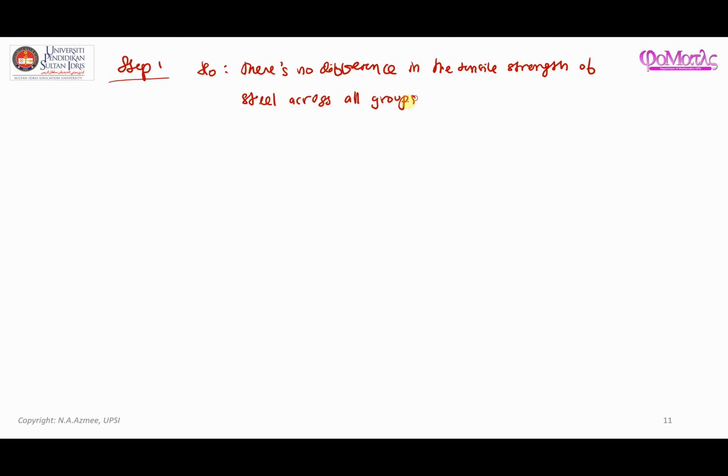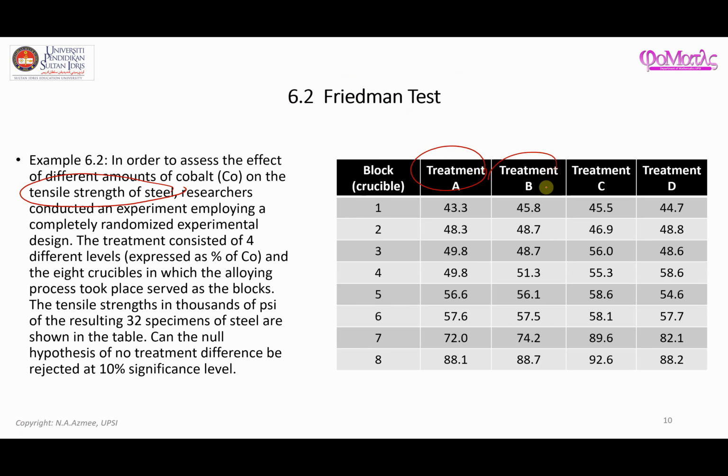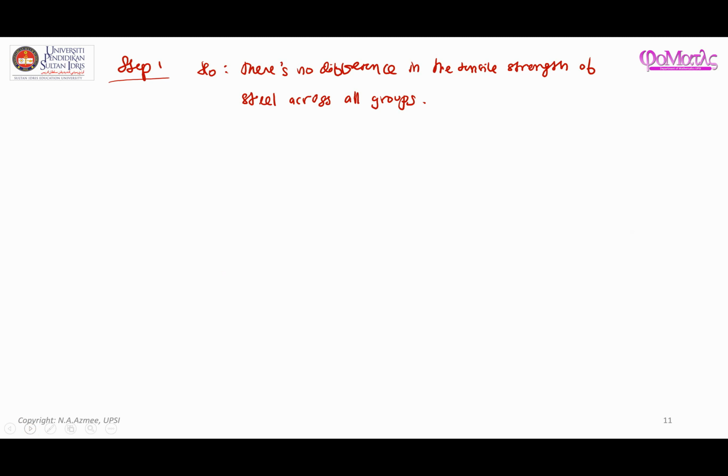In other words, there is no difference in the tensile strength of steel when different treatments are applied. So what are the treatments? The treatments are these. They are different because they use different percentages of cobalt. Now for the alternative hypothesis, the way you can structure it is that the tensile strength of steel is different in at least one group.